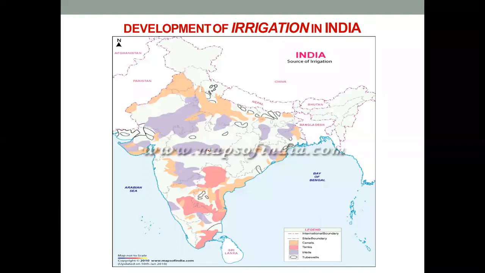This is a diagram I got from a government website. It shows the sources of irrigation. Among those, the orange colored patches are the areas being provided irrigation water from a canal. Next, the dark pink or red colored areas receive irrigation water by storing it in storage tanks.